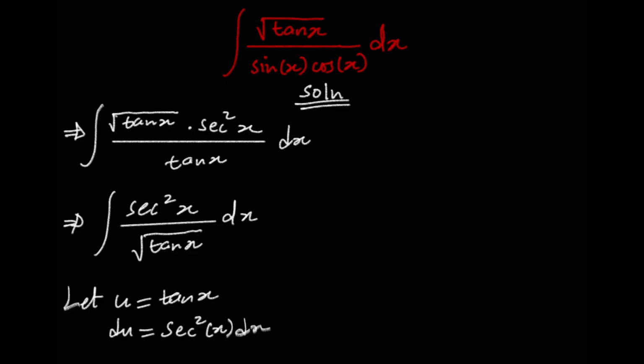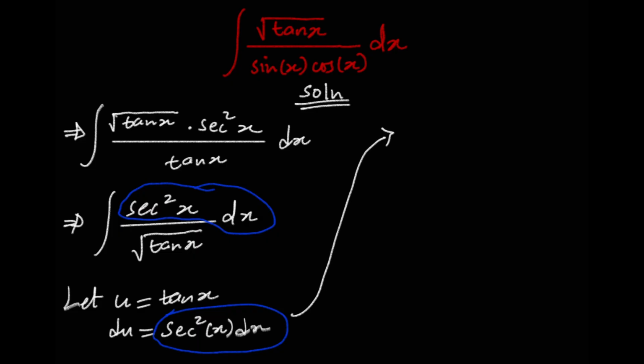I think everyone knows this. We should know our trigonometric identities for this question, because there are a lot here and we have to apply them. Looking at our integral, we do have secant square x dx, isn't it? Therefore, this can be replaced by du. Let's finish the question around here.